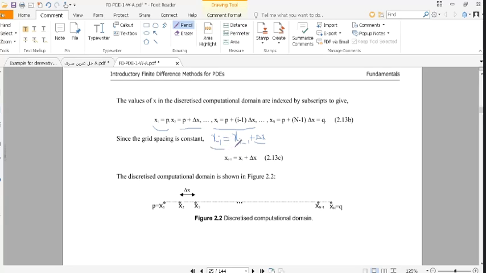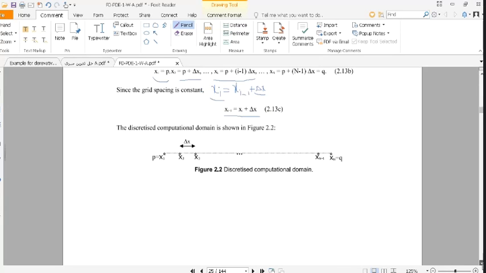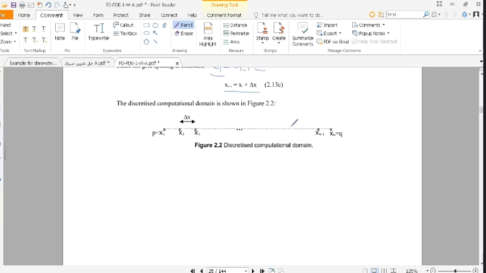xi equal to xi minus 1 plus delta x, or xi plus 1 equal xi plus delta x. And the finite points for the computational domain are here. The first point is x1, the next point x2, the next point x3, and finally the end point is q, xn equal to q.